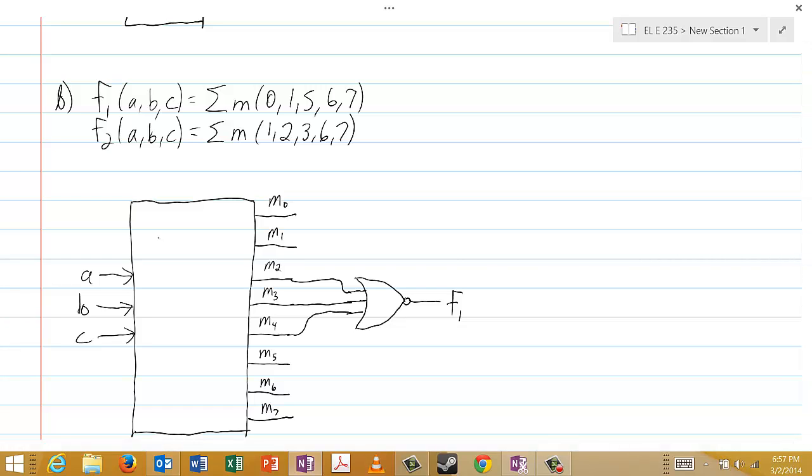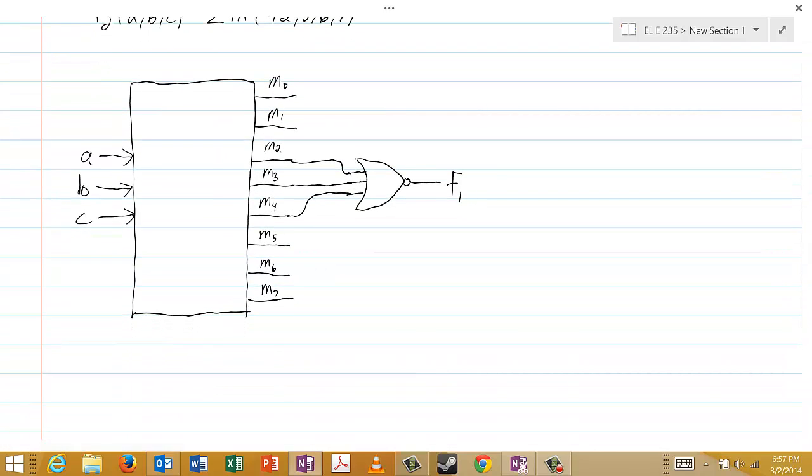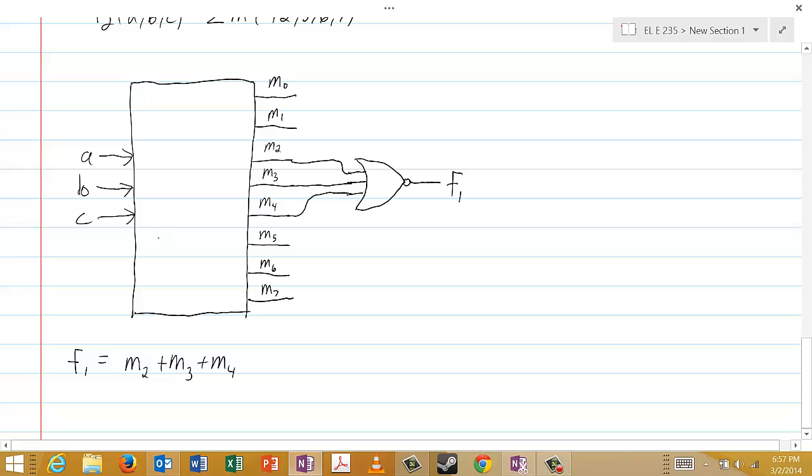So let's think about that for a moment. F1, this F1 that I've pictured, is equal to the NOR of M2 and M3 and M4. Now we know from De Morgan's theorem that the complement of a sum is equal to the product of the individual complements.